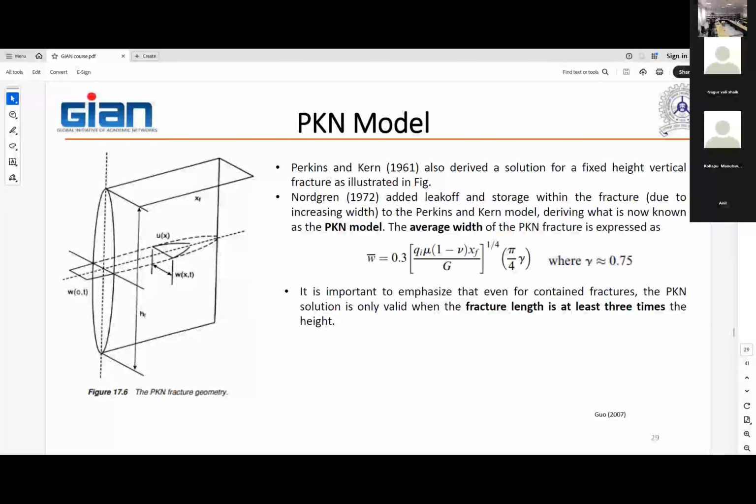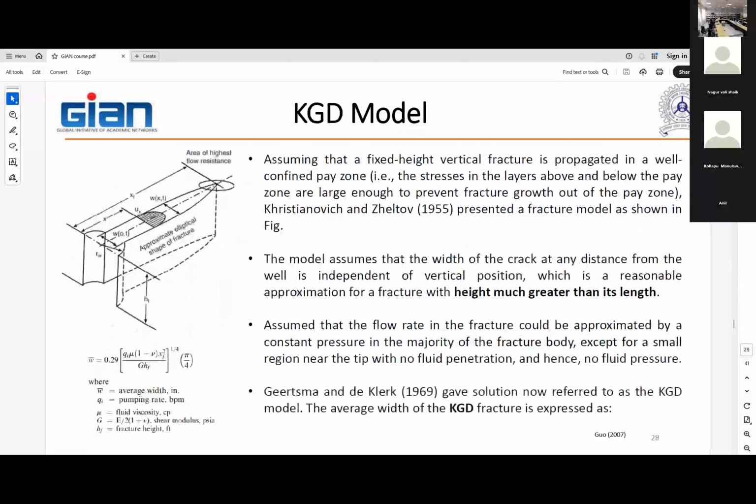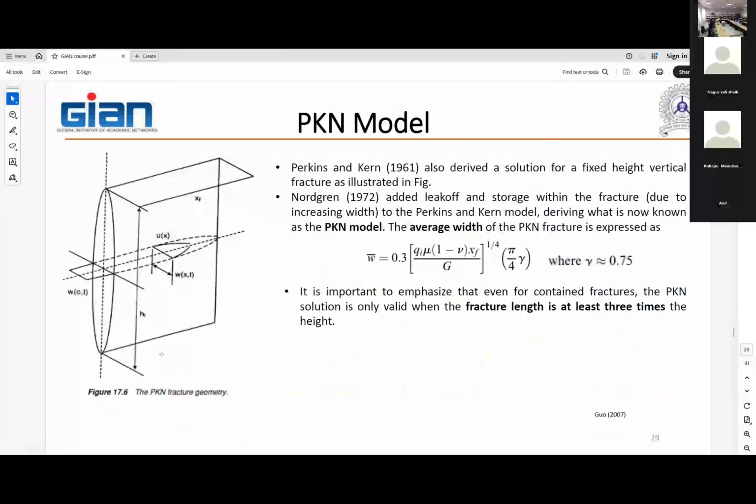So in both of these formulas, you have to assume a given fracture height and you have to assume a fracture length, okay, before you can start your calculations.